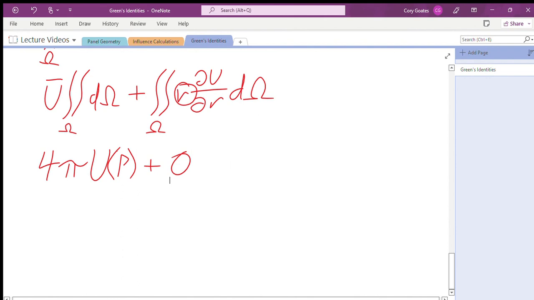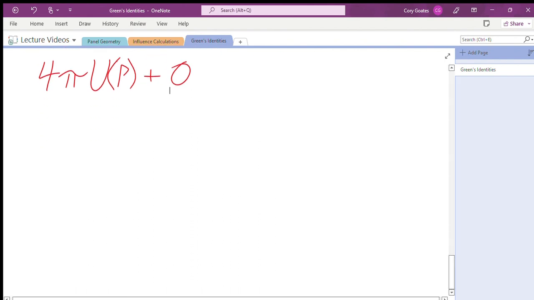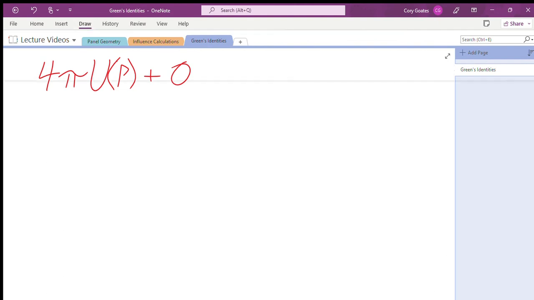Okay, so we've managed to get rid of that little ball sigma. We don't have to keep carrying that around. We can write things now really simply in terms of just this value of u at P, multiplied by a factor of 4 pi. Okay, so let's substitute that back into our equation that we had up there. We're going to end up with negative triple integral over R. So now we've taken sigma, we've shrunk it down to nothing, and because we've done that, r prime has become r.